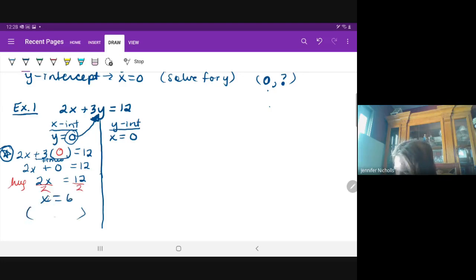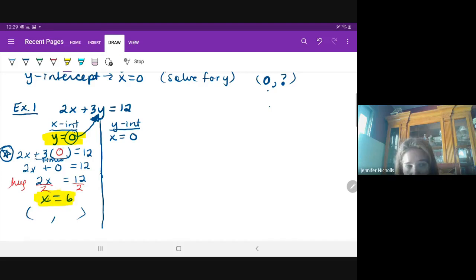And you have to write it as a coordinate. So it's real important to write this. A lot of people don't write that, the y equals 0. But it's really important because these two coordinates together make the parenthesis point.